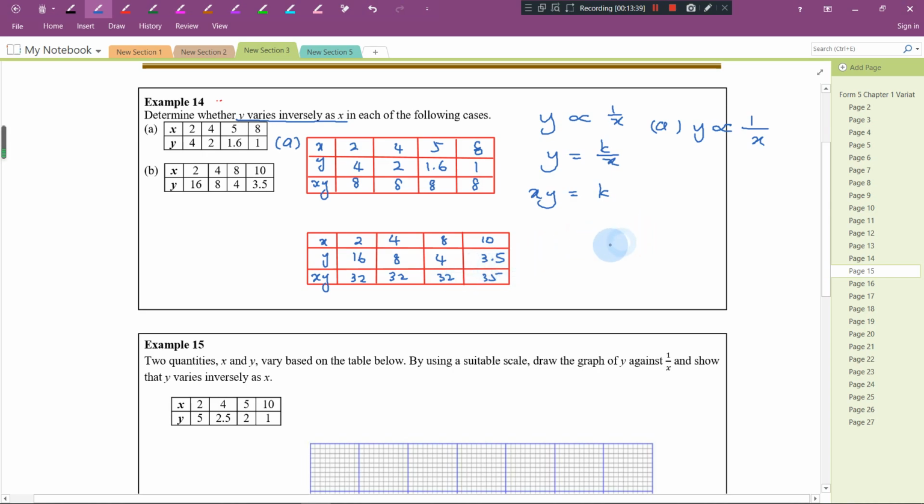Since the value of xy is not a constant, therefore y does not vary inversely as x. So this is the way we determine whether y varies inversely as x or not.